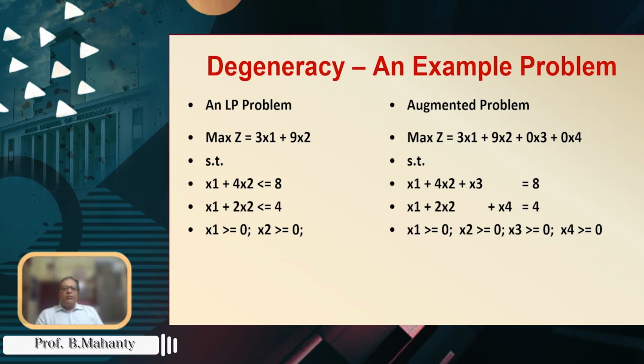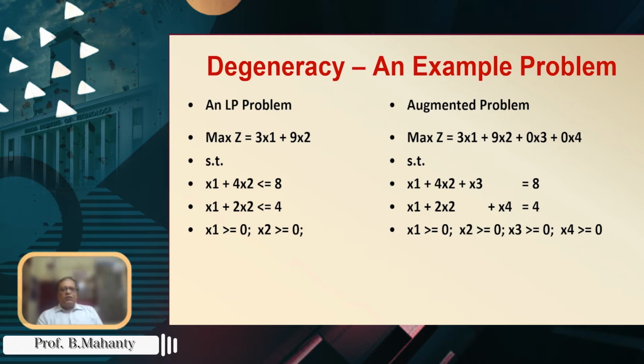So the augmented problem would become, we have to add two slack variables for the two different constraints, say x3 and x4. So x1 plus 4x2 plus x3 equal to 8, x1 plus 2x2 plus x4 equal to 4. And obviously maximize z equal to 3x1 plus 9x2 plus 0x3 plus 0x4, and all the four variables are greater than equal to 0.